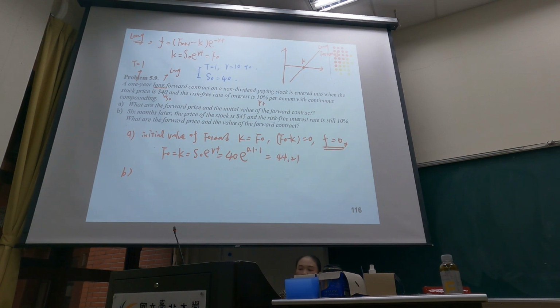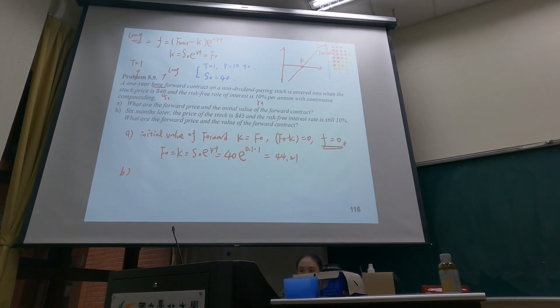Okay, now question B, 6 months later, the price of the stock is 45. Remember, that's 6 months later. So that's S at 6 months, like after 6 months, standing at 6 months later, your spot price is $45. The risk-free rate is still 10%.